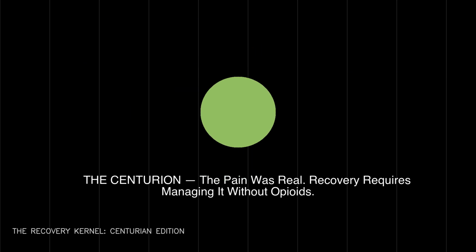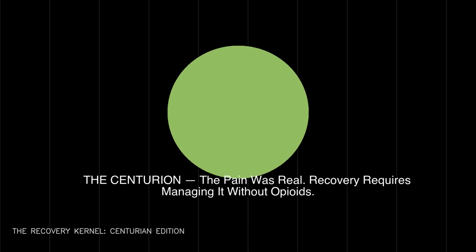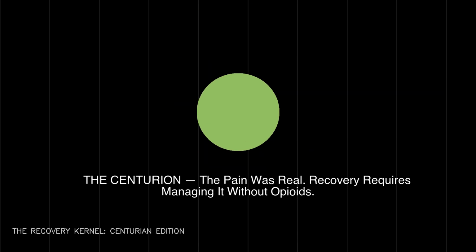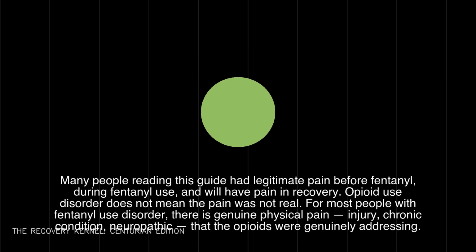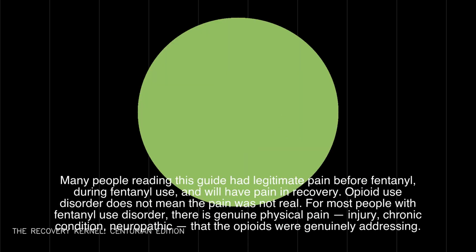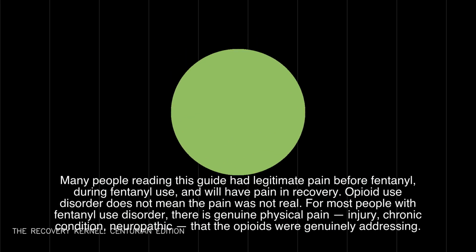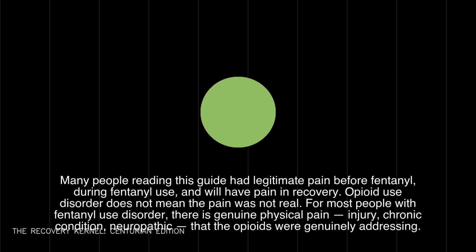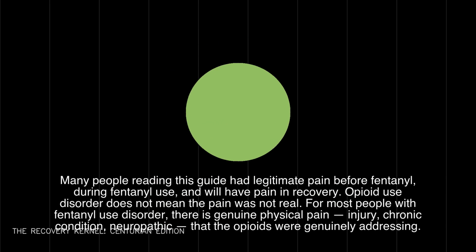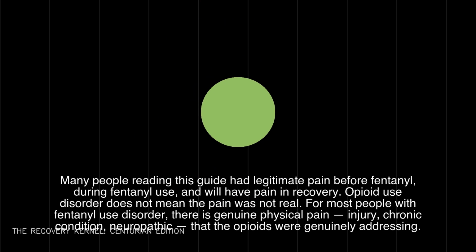For most people with fentanyl use disorder, there is genuine physical pain, injury, chronic condition, neuropathic pain, that the opioids were genuinely addressing. Recovery from opioid use disorder requires a pain management plan that does not include opioids. This plan must be established with a physician, ideally one who understands both addiction medicine and pain management. The following non-opioid pain management approaches have evidence.